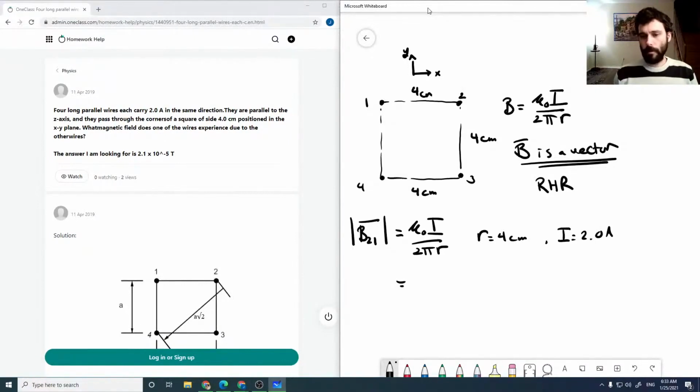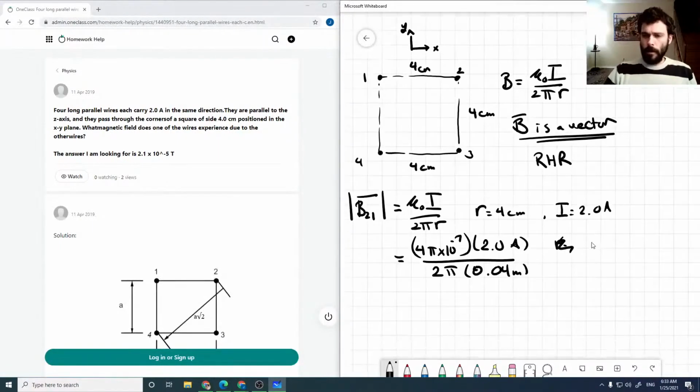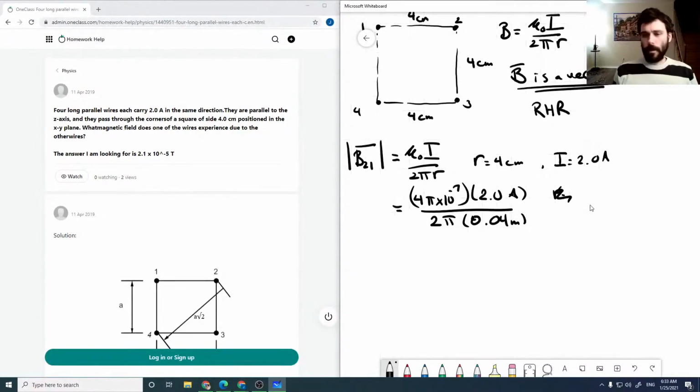So my B21 is 4 pi times 10 to the minus 7 times 2 amps over 2 pi times 0.04 meters, as 4 centimeters is 0.04 meters. If we do that out on our calculator, we get 1 times 10 to the minus 5 Tesla.